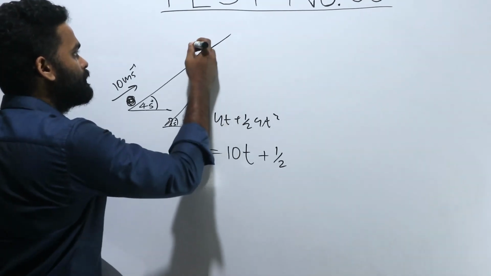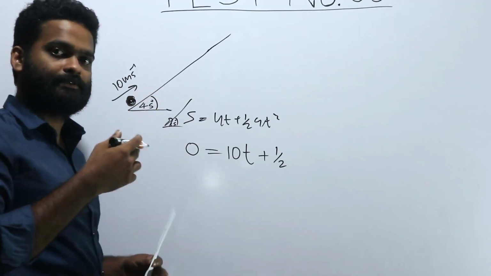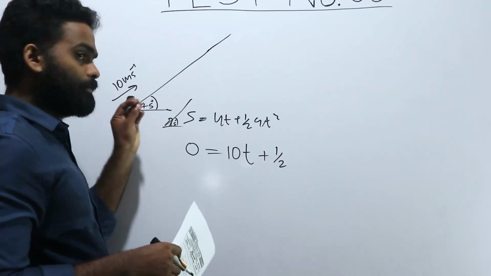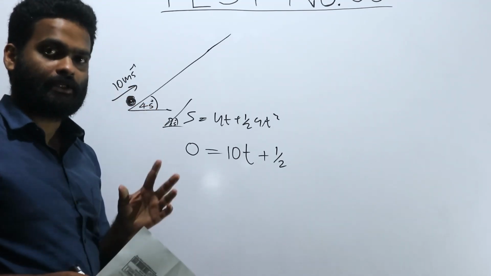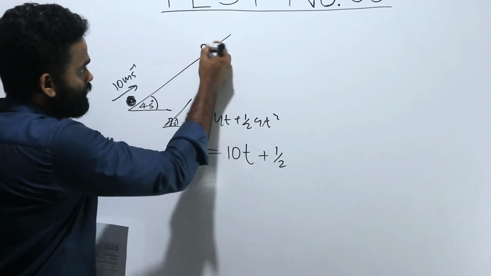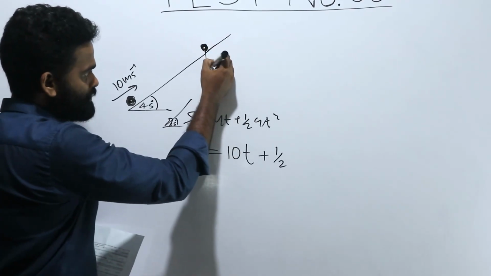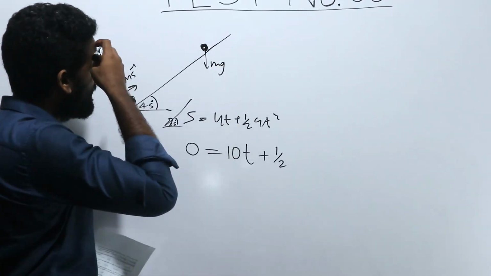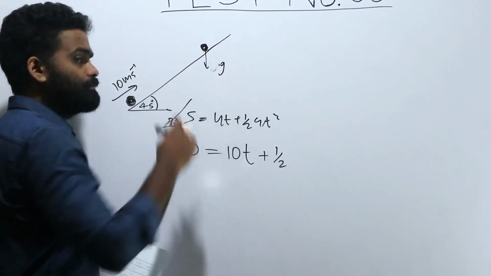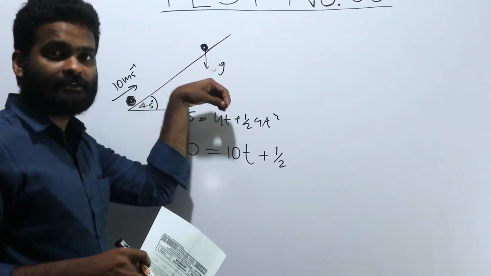If you remember, since this is a smooth surface, this object is only subjected to the influence of gravity, mg, right? So the force acting on it as it moves is mg. Meaning this has an acceleration g downwards, but due to this plane, it cannot have that acceleration.